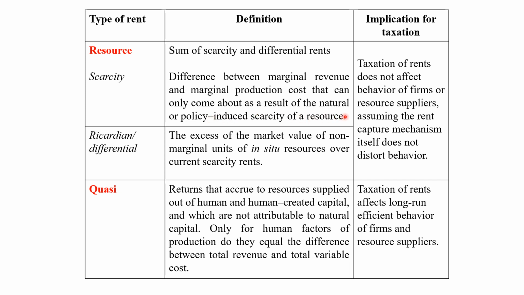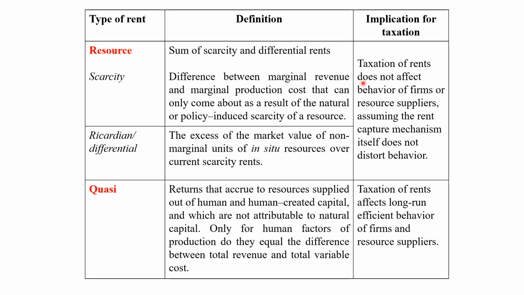For example, the US now has restrictions on oil taken out of Alaska. Ricardian or differential rent is the excess of the market value of non-marginal units of an in situ resource, that means a resource in place, over current scarcity rent.